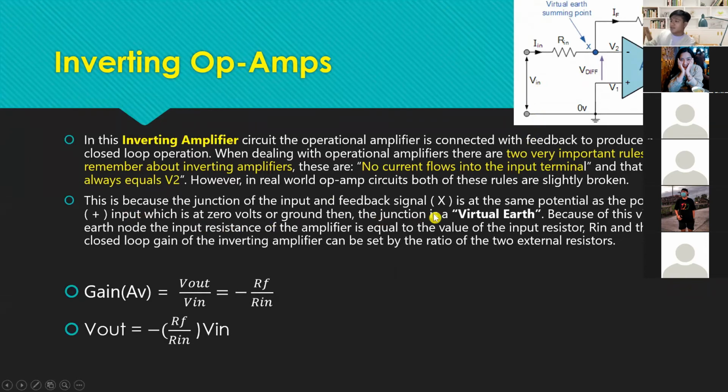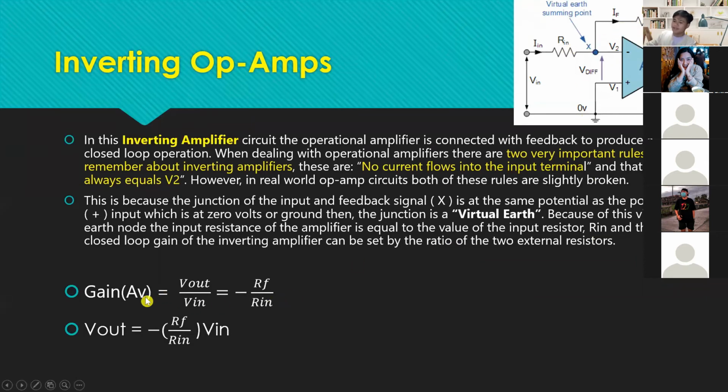And then zero ground junction virtual earth. So because of this virtual earth node, the input resistance of the amplifier is equal to the value of the input resistor. So parang may effect siya kasi connected or iisa lang yung connection ng ground nila which is a virtual earth. So Rin and the closed loop gain of the inverting amplifier can be set by the ratio of the two external resistors, which is the Rin and then the RF.